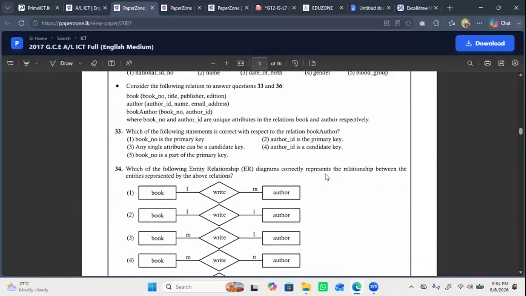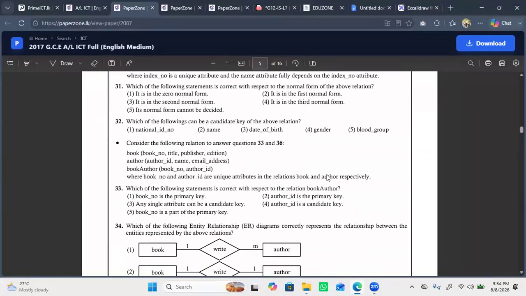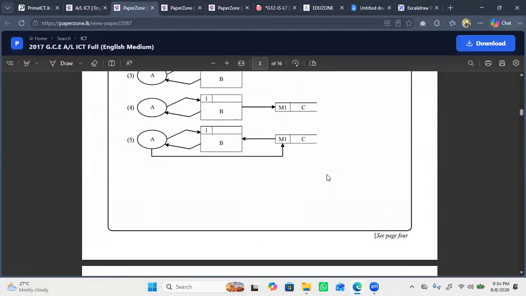Here, I think I have one. I remember. Okay, this one.